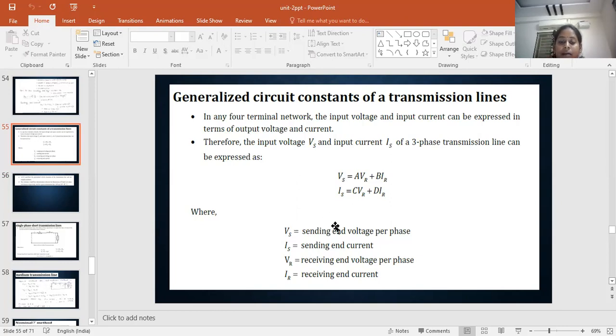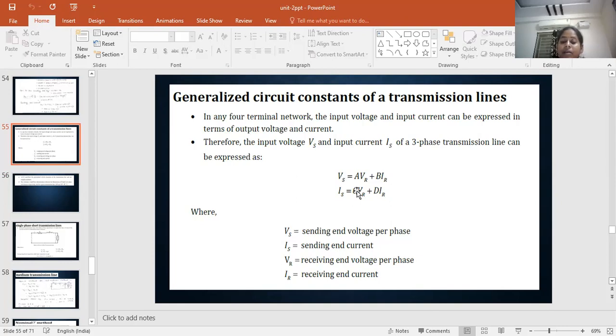Input voltage is nothing but sending end voltage, and sending end current can be expressed in terms of receiving end, that is output voltage and current, with respect to constant values. These expressions can be derived for all the transmission line networks, that is short, medium, and long transmission lines. We can calculate the ABCD parameters.